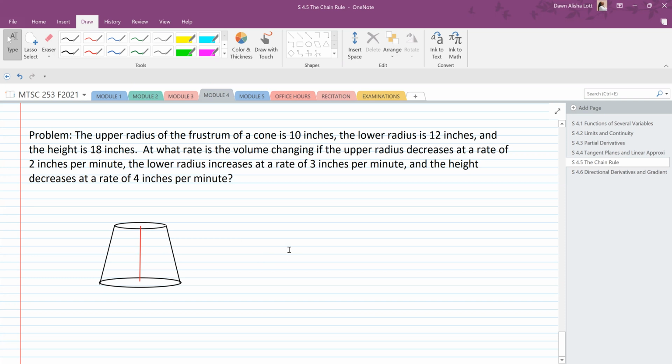Okay, so the volume of a cone, or the volume of the frustum of a cone, is as follows.